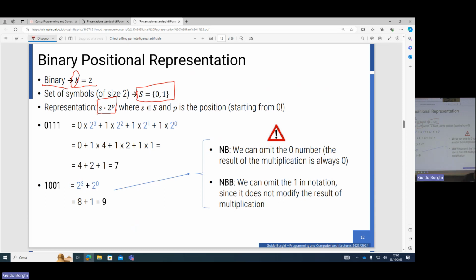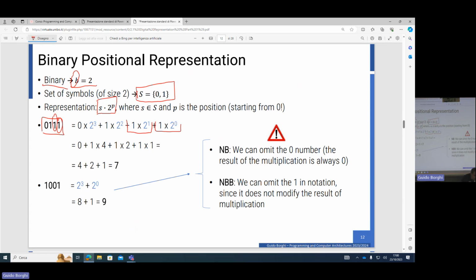So if you see this number, 0, 1, 1, 1, what can we do? The same steps that we have done before with the decimal positional representation. We start from the first digit, the first 1. So we write 1 times 2 to the 0, the first position. Then the second one, 1 times 2 to 1.